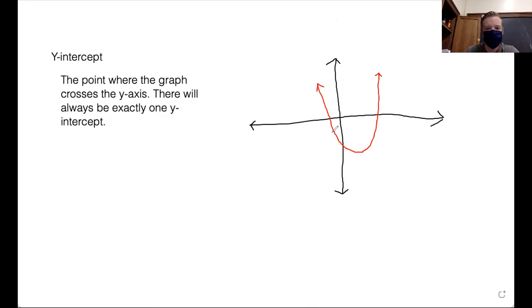You know what? Good enough. So this point right here, that is our y-intercept. Remember, this vertical line in the middle of our graph, that's our y-axis. The one that goes side to side is the x-axis here. But this point where the graph crosses the y-axis in the middle of our graph, that is our y-intercept here.